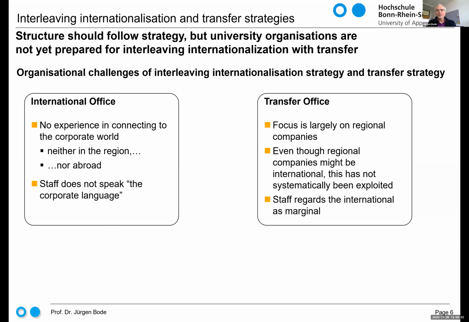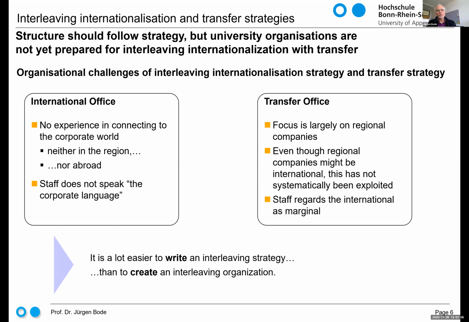But up to now, this special link to international companies in the region has not systematically been exploited yet. And the staff in the transfer office regards the international perspective as marginal. They see their main job as connecting to any company in the region. And we can even be happy if staff in the transfer office speaks English on a high enough level to really be involved in our internationalization strategy.